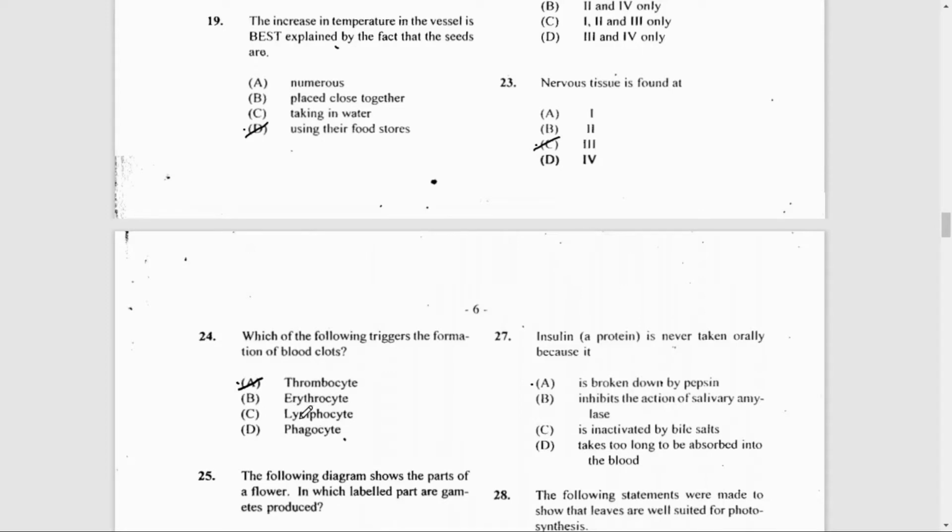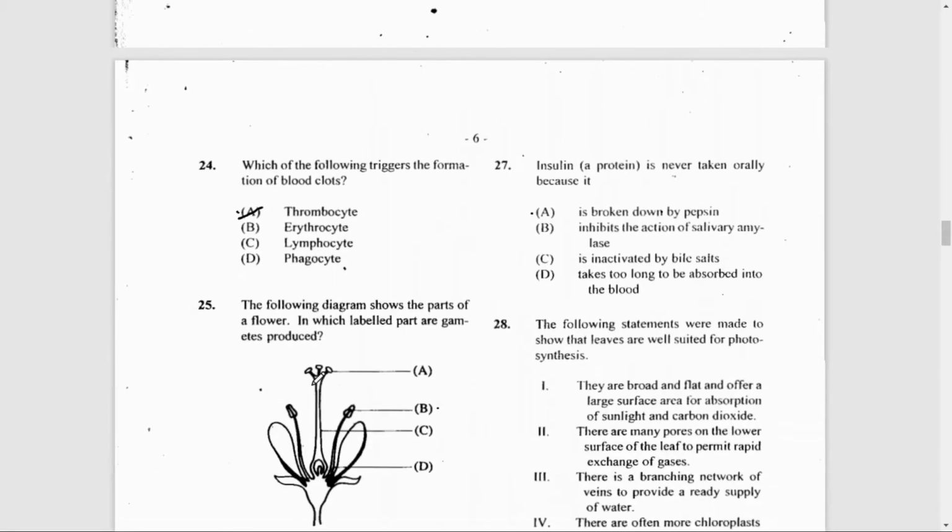The lymphocytes are the ones that produce the antibodies that bind to the antigen and form a cluster so that the phagocytes can come and engulf, or eat, the clump. But the thrombocytes, or the blood platelets, are the ones that are responsible for triggering the formation of blood clots. Good.